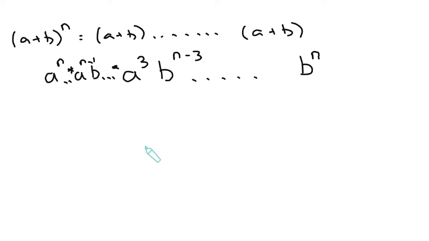So let's take a look at an example. Let me just clear this. Let's have an example question. Suppose we have a question that says expand (2 plus 3t) to the power of 4. Well, the first thing we notice, if we're thinking of our binomial expansion, is that we're going to set a to 2 and we're going to set b to 3t.